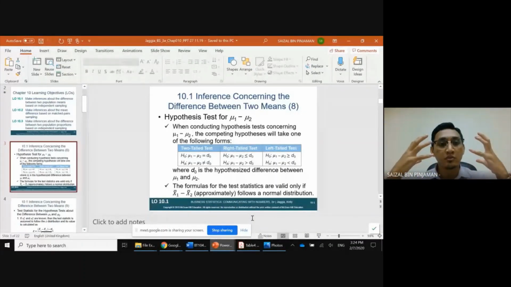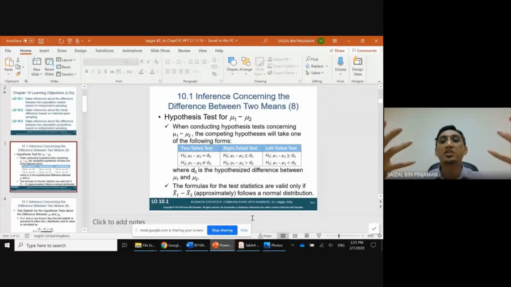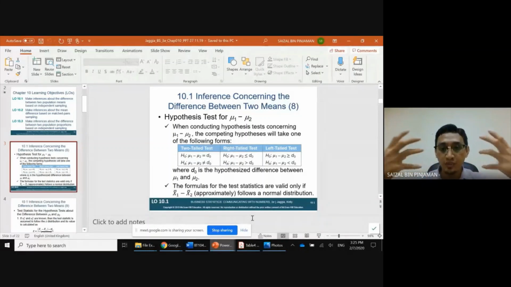In two sample tests of hypothesis, on the other hand, we have two samples that we retrieve from two populations.